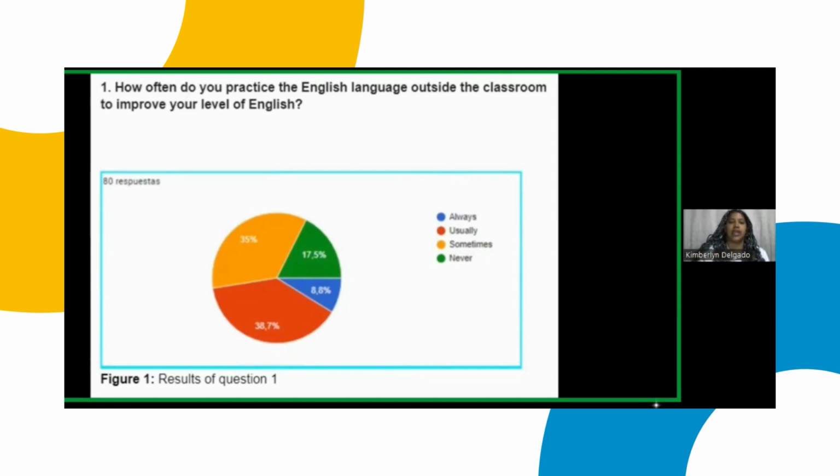More than half of the participants put their knowledge into practice outside the classroom.